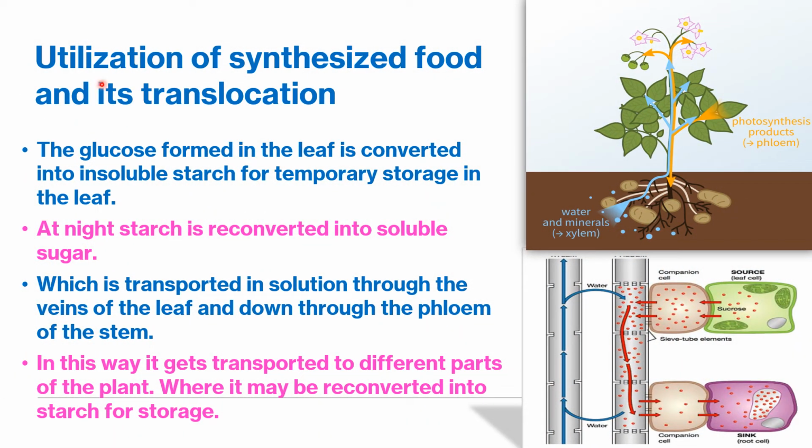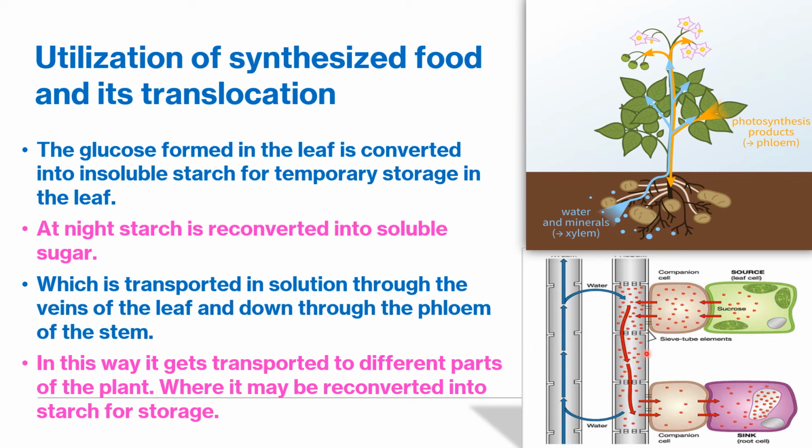The next topic is utilization of synthesized food and its translocation. The glucose formed in the leaf is converted into insoluble starch for temporary storage in the leaf. At night, starch is reconverted into soluble sugar, which is transported in solution through the veins of the leaf and down through the phloem of the stem.